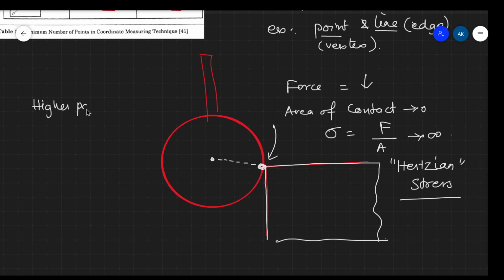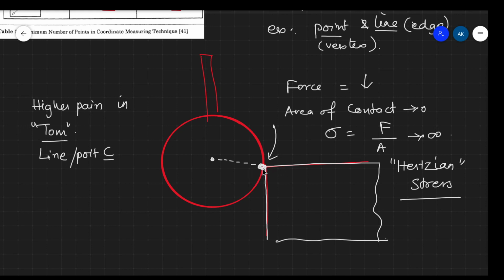higher pairs in TOM. TOM means theory of machines, not Tom, Dick, and Harry. This is theory of machine, where you say it is having some line contact or point contact, they wear off very easily. The wear and tear in higher pairs is higher compared to the lower pair.